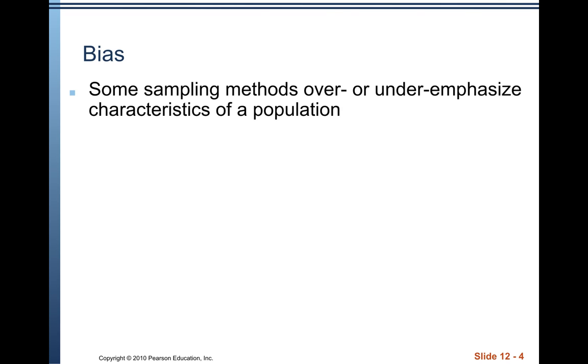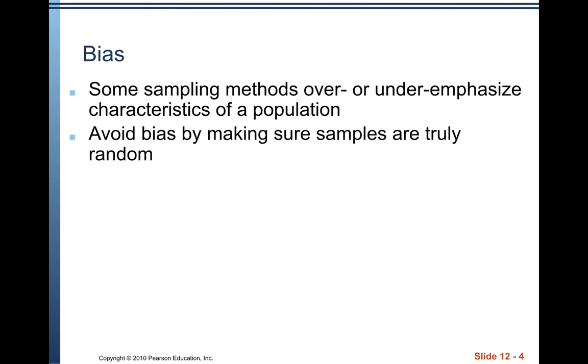The bottom line is there are sampling methods that we're going to learn about later in this PowerPoint that over- or under-emphasize certain characteristics. It could skew the results, and we learned what that word means in previous chapters. That's what you don't want. You want the results to be useful, so you want no bias. And the way to avoid bias is to make sure your samples are truly random. We're going to talk about how to do that later.